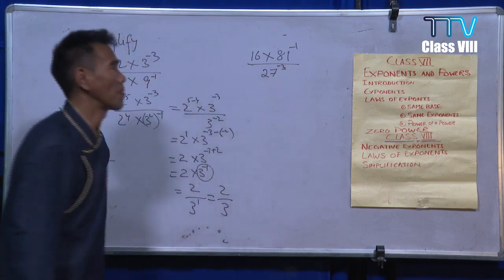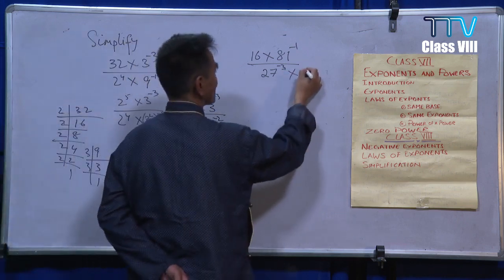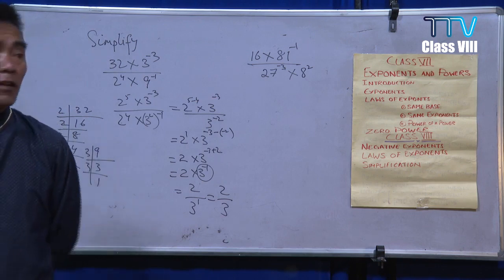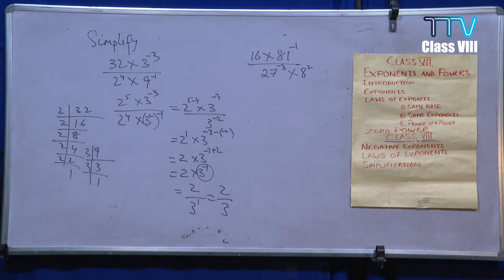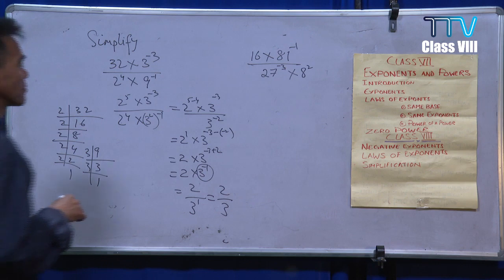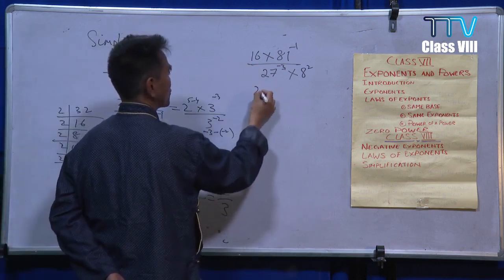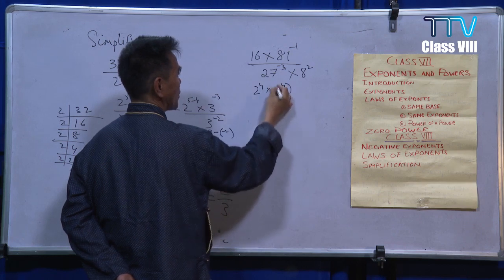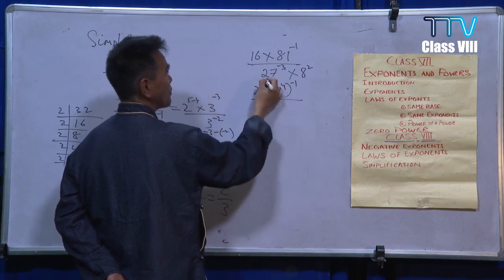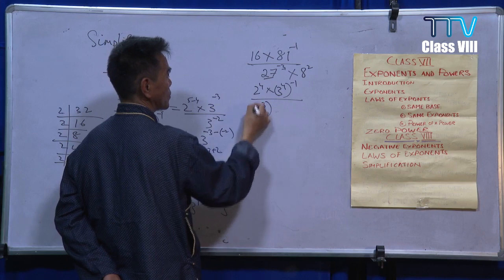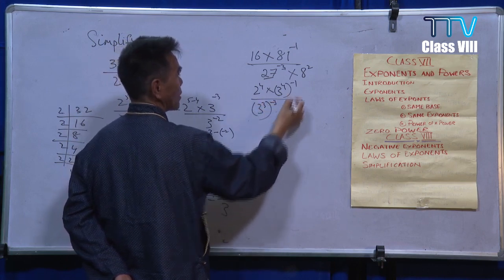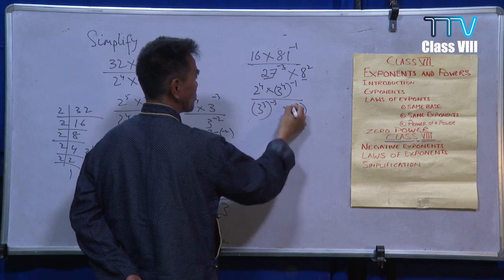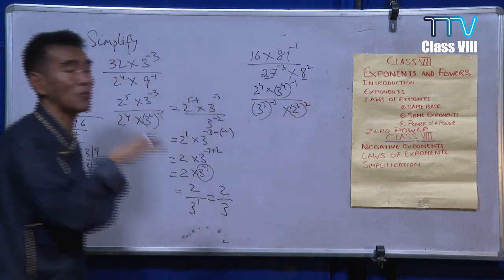Next, 16 prime factor: 2 raised to power 4. 81 prime factor: 3 raised to power 4, raised to power negative 1. 27 prime factor: 3 cubed, raised to power negative 3. 8 is 2 raised to power 3, multiplied by 2, power 6.